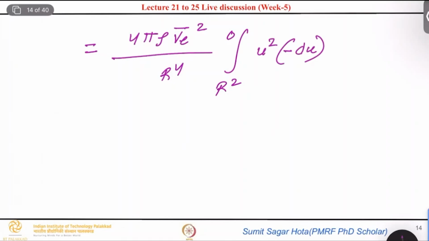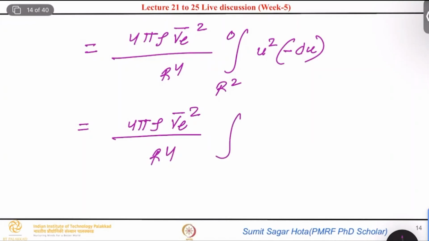Okay, that is equal to 4 pi rho VE square divided by r to the power 4. Just change the limits to 0 to r square and multiply by the negative sign, which gives rise to u square into du.